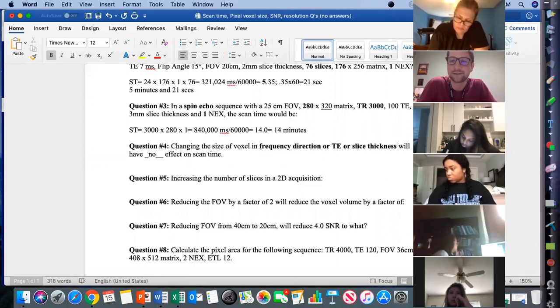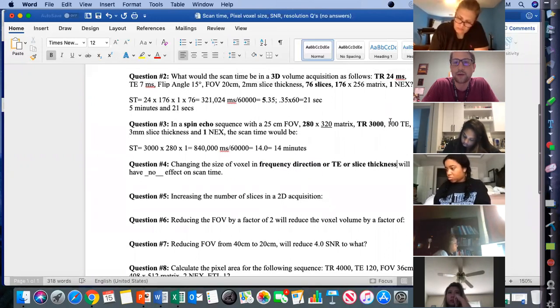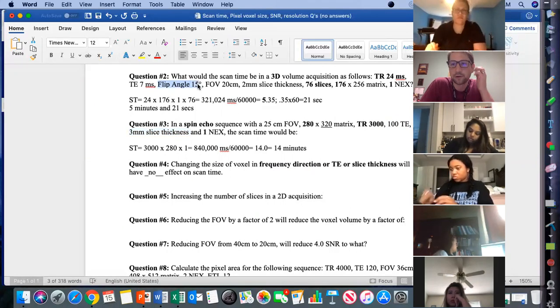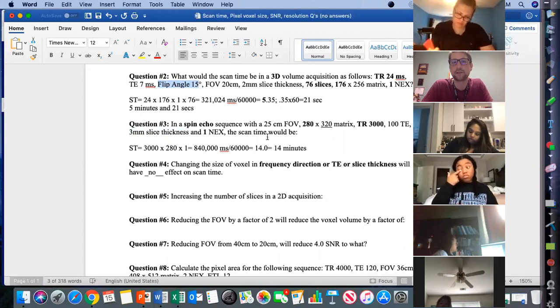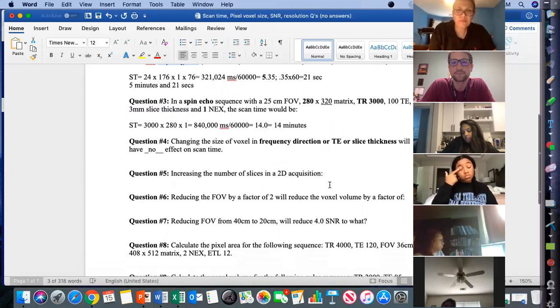Number of slices is in the equation, but not slice thickness. So that's why you see up here, I always like to just kind of throw an X through TE, throw an X through slice thickness. You don't need flip angle either. Flip angle is not part of the scan time equation. So they're going to give you more parameters than you need to try and confuse you.